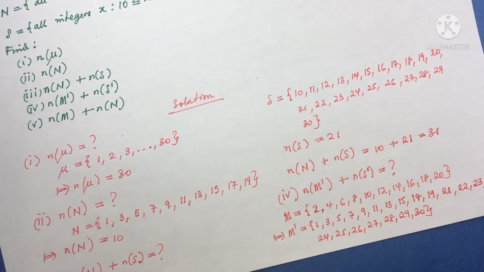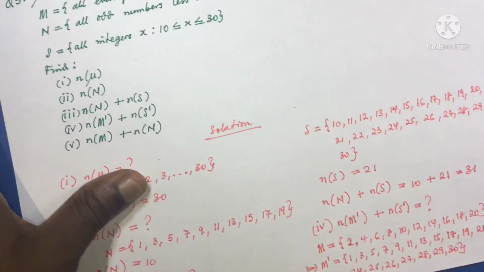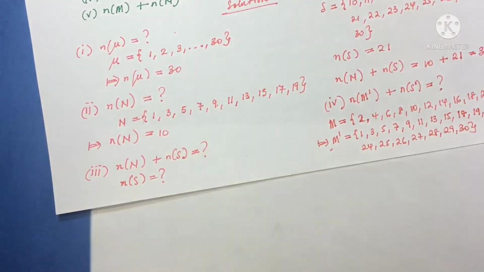Now what am I doing? I'm simply listing out all the elements that are found in the universal set but not in M to get M prime. Okay, now I'm going to continue this problem over here.